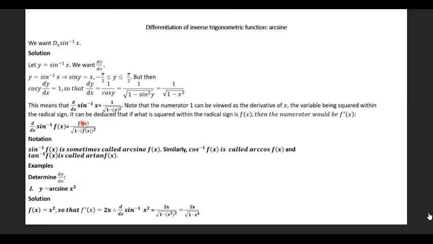And then f prime of x will be 2x. Therefore, the derivative of arc sine of x squared is going to be 2x over the square root of 1 minus x squared all squared, and it will be 2x over the square root of 1 minus x to the exponent 4.